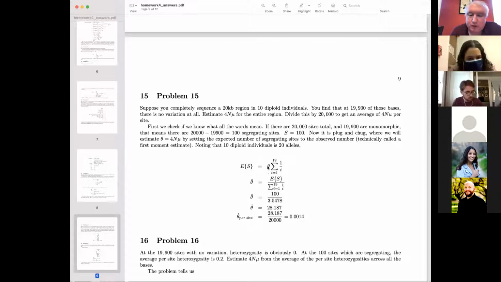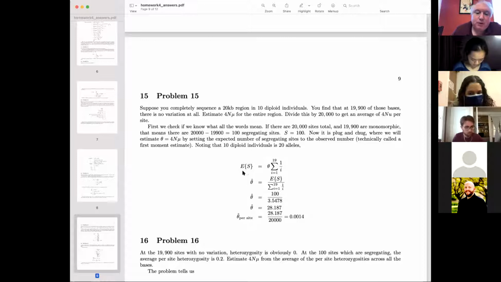It's one where we have equated the parameter to the expectation, and we plugged in for the expectation the observed number. So here the observed number is 100, and we're going to plug that in and pretend that was the expected and find what value of theta would have given us that. So it's 100 divided by that sum, and that sum turns out to equal 3.5.